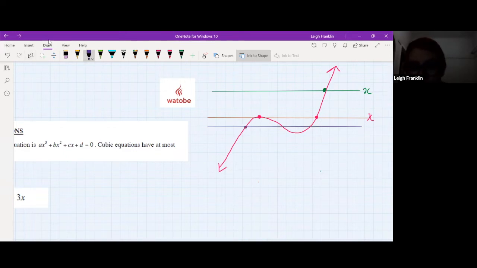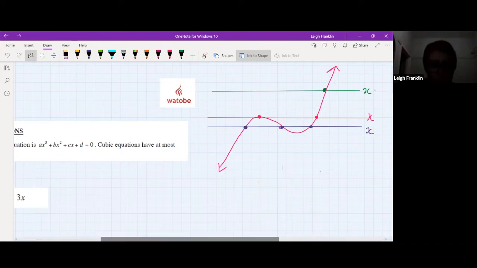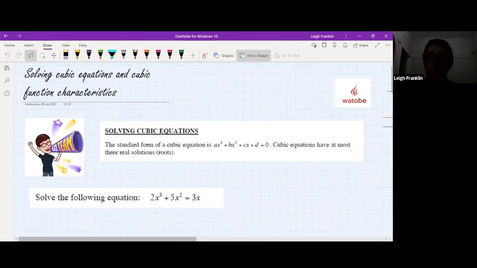I have 1, 2, 3. So I have to have at least 1, can have 2, or I could have 3. Every time you are solving a cubic equation, you are expecting at least 1 solution. There can be 2, or there could be a maximum of 3 solutions.